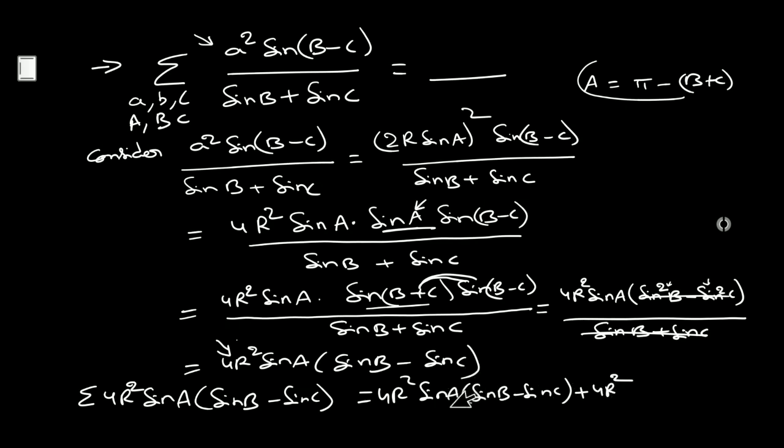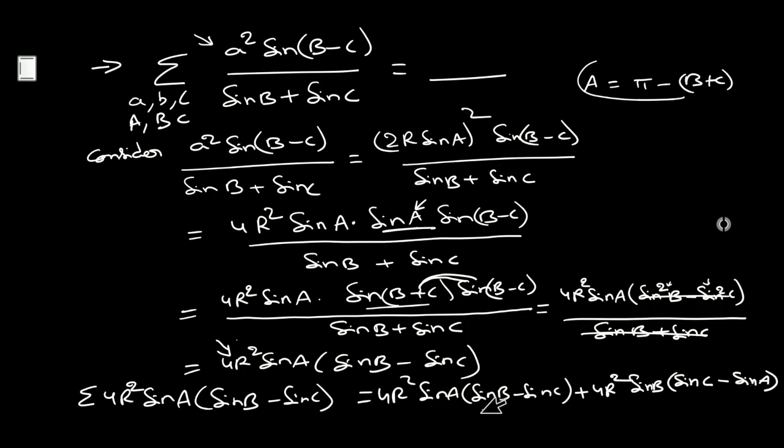Sin a is there, so sin b; apply ABC cyclicity. So sin b into, in place of b, c, sin c minus, here you can see c is there, ABC. After that again ABC you have to write. So instead of C, A we have to write, that means sine A.